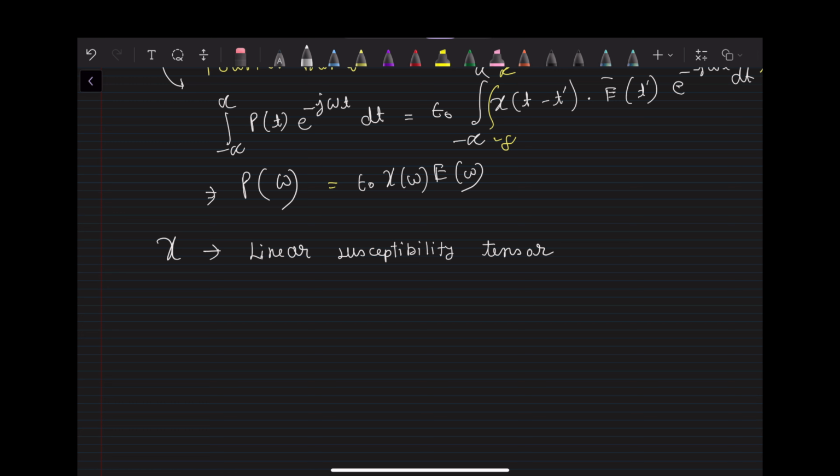Okay, then why tensor? Because suppose polarization in x direction, that can be a function of electric field in z direction also, in x direction also, or in maybe function of electric field in y direction.